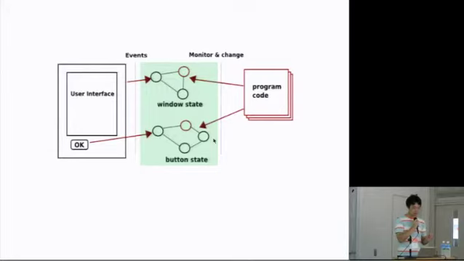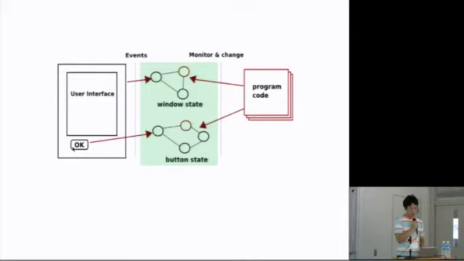For example, there is a button here. When the art designer draws a button on the screen, he can define the state and the behavior of the button with animations. For example, when the user pushes the button, the state of the button will change, for example change the color or shrink its size.